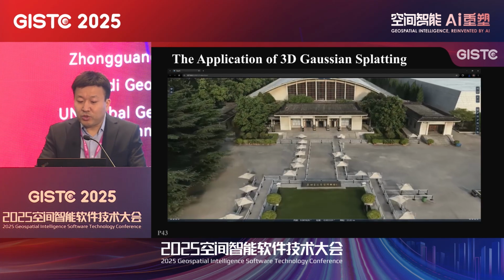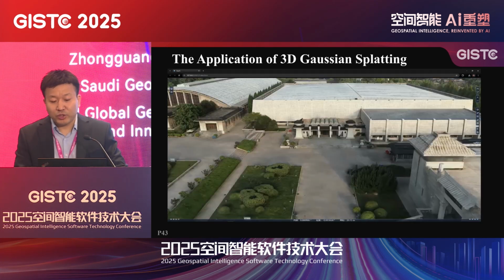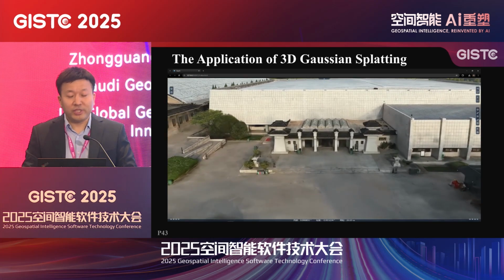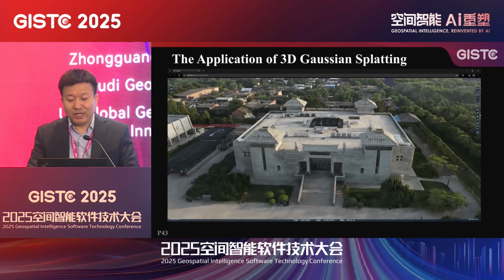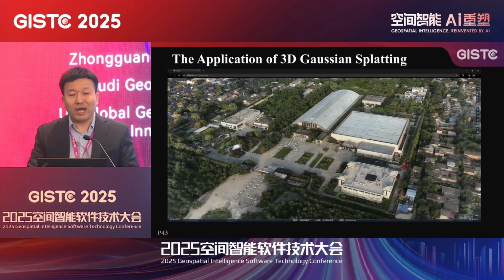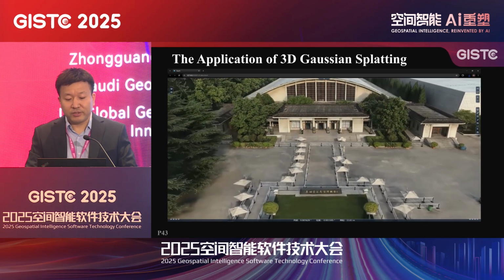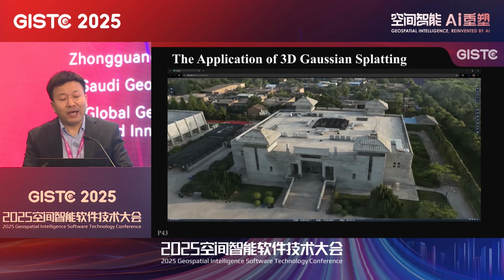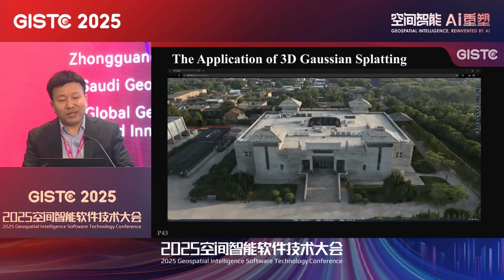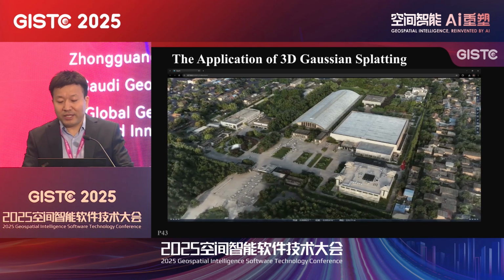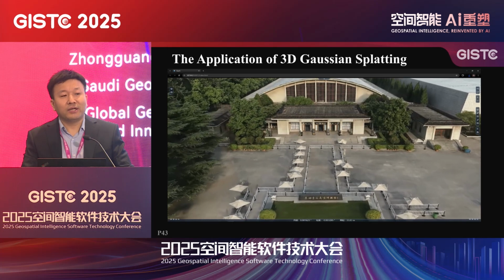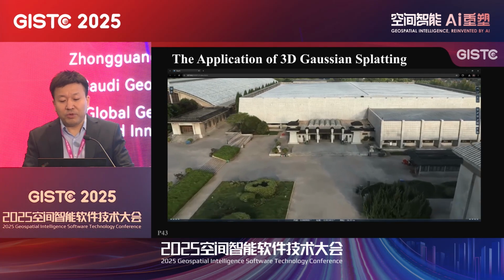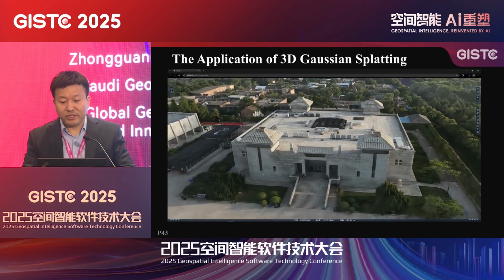Okay, we introduce generating S3M tiles from 3D Gaussian splatting data. This is a culture and tourism application. To be honest, there is a shortcoming that the 3D Gaussian splatting technology needs a large amount of computing resources.